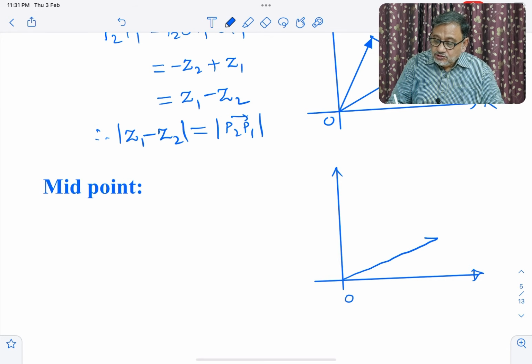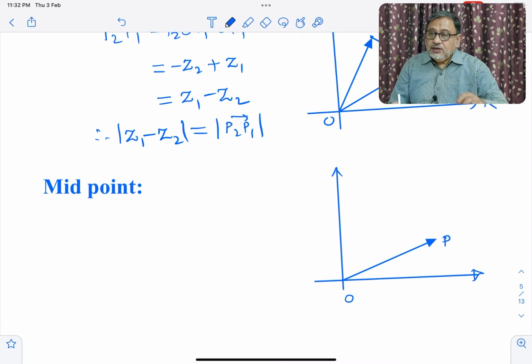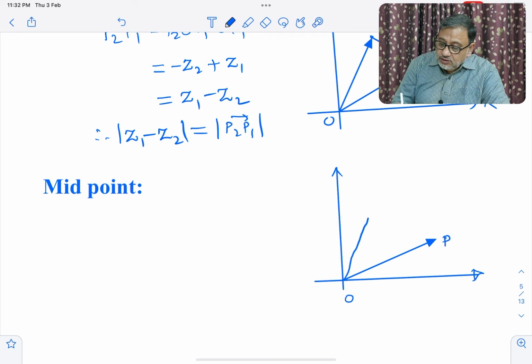And suppose this is OP and OQ. OP is Z and suppose this is OQ. P is representing the complex number Z, Q is representing the complex number W.